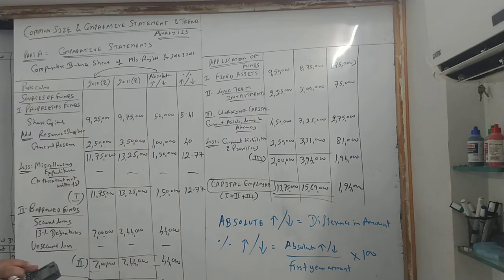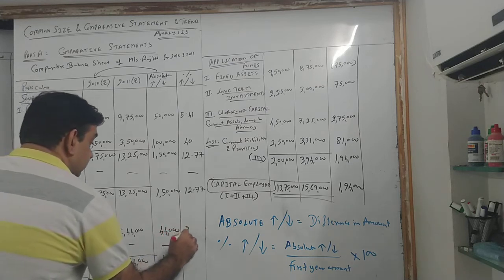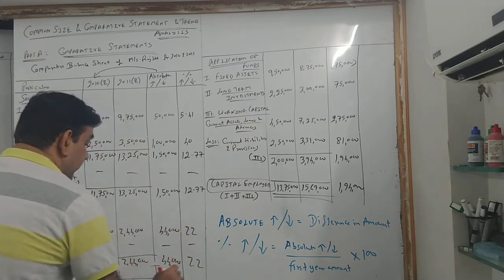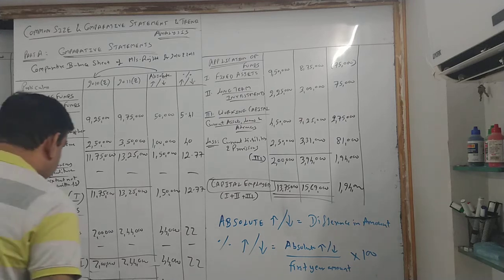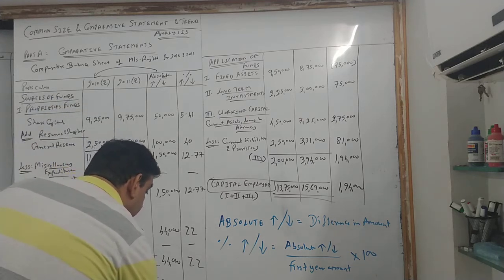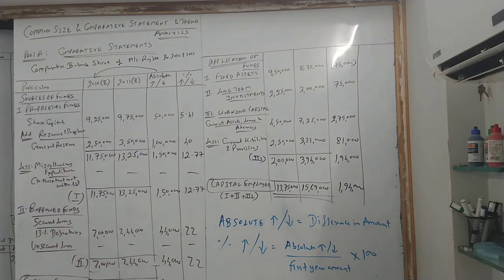44,000 divided by 2 lakhs into 100 is 22 percent. Then 1,94,000 divided by 1375 into 100 is 14.11.